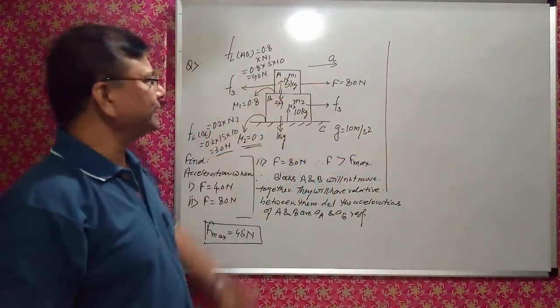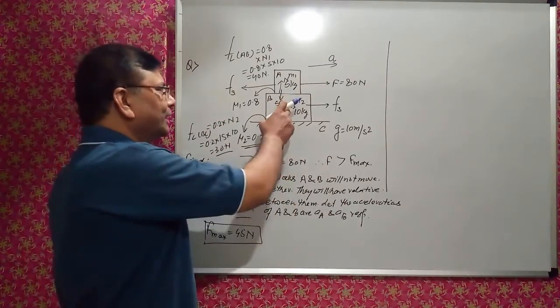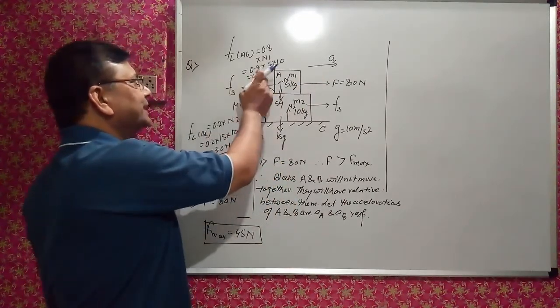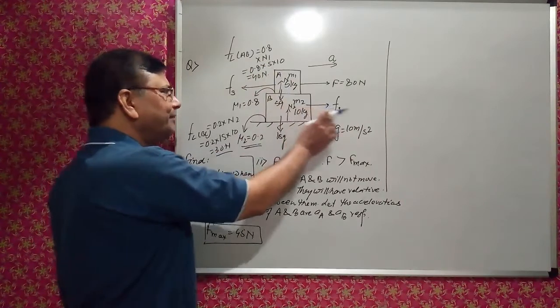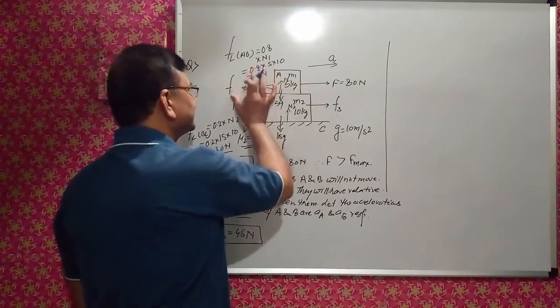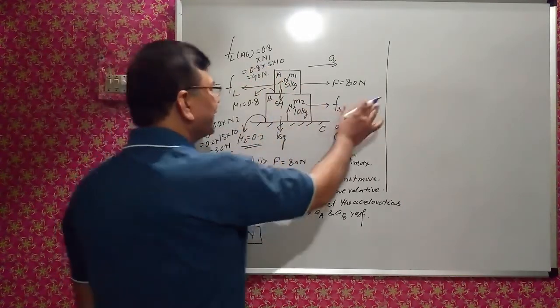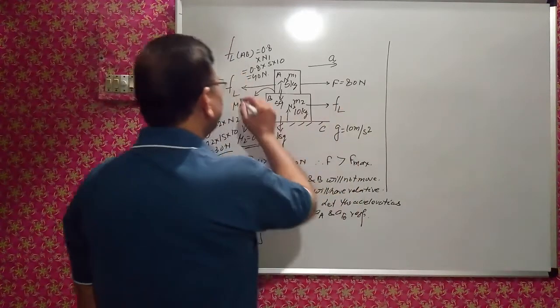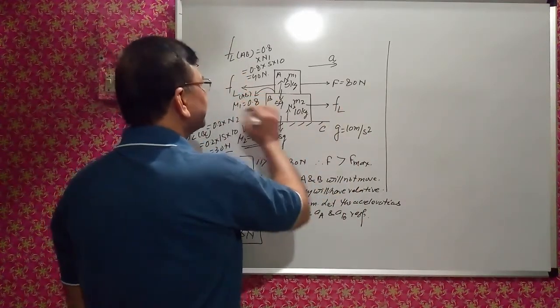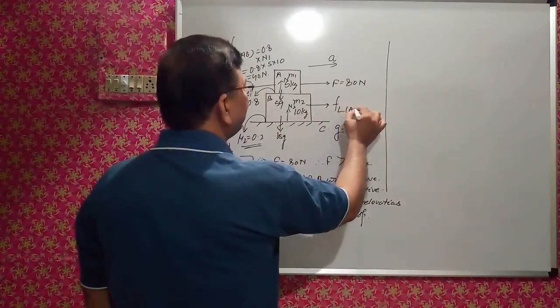So limiting friction will act, that is 40 Newton, and the same limiting friction will act on this. Here FLAB will act, and the same FLAB will act here.